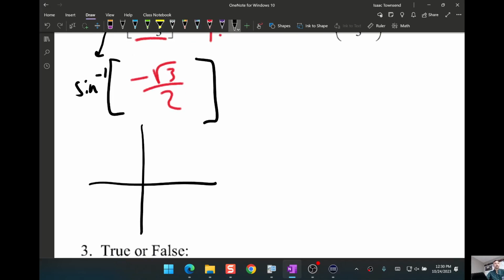This inverse, we did not get this in depth until this section. Because this is a unit circle ratio, I would suggest going around the unit circle once and mark everywhere where sine is negative square root of 3 over 2. That can be about a 2-second step if you know the unit circle. I suggest you draw in the range of inverse sine. It is negative pi over 2 to positive pi over 2.